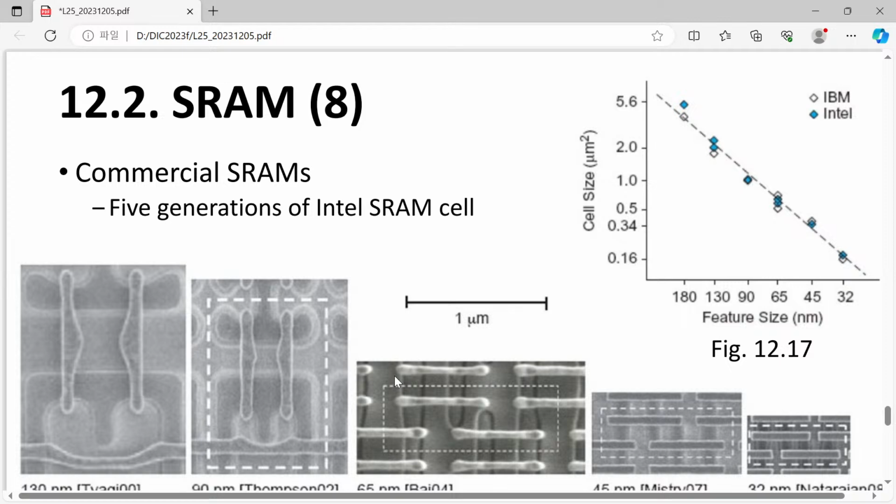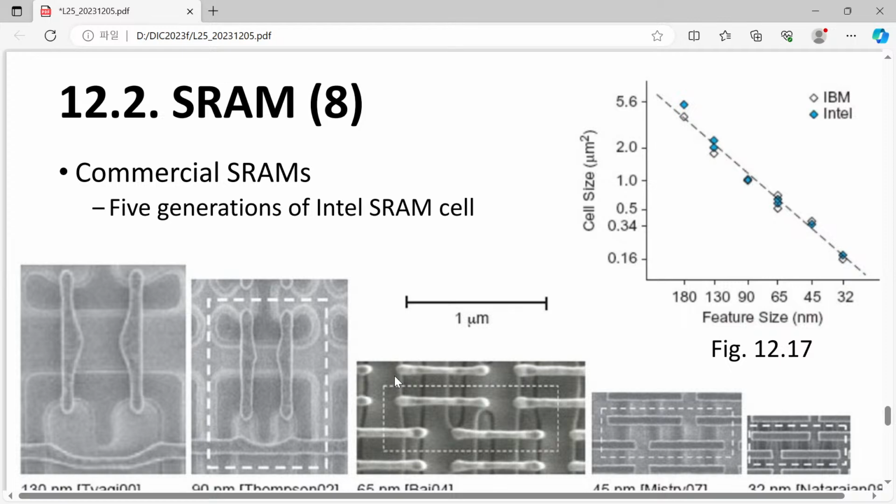Because if you have a larger SRAM, then there is less chance of missing your hit. So when you try to find some information in your SRAM, if your SRAM is large enough, then you can store many important pieces of information.